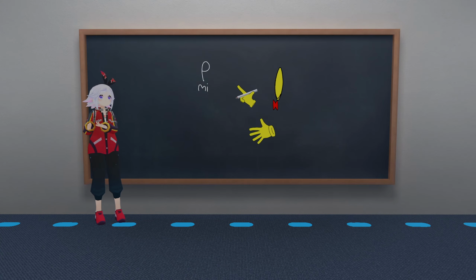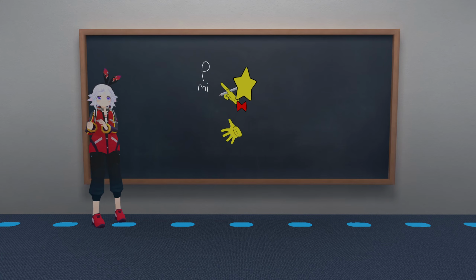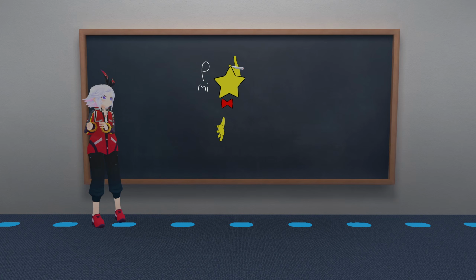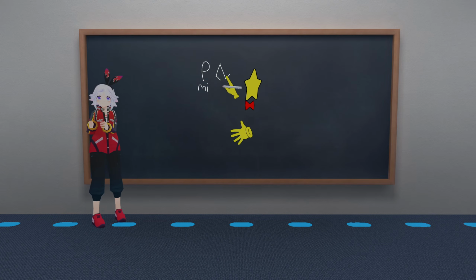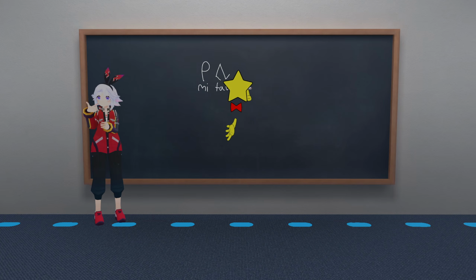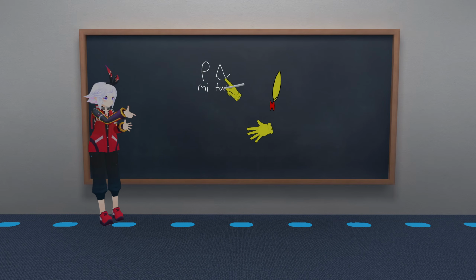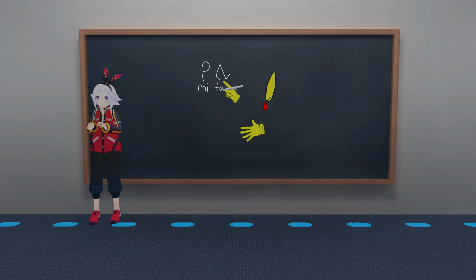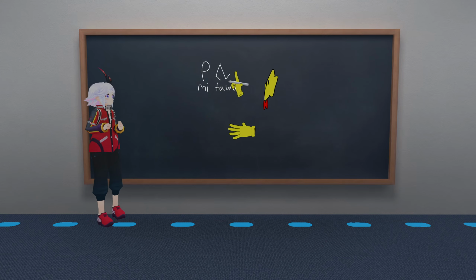And to form sentences with it, we can add another word, like, say, tawa. T-A-W-A. Tawa, here, the Sitelen Pona is a pair of legs walking to the right.